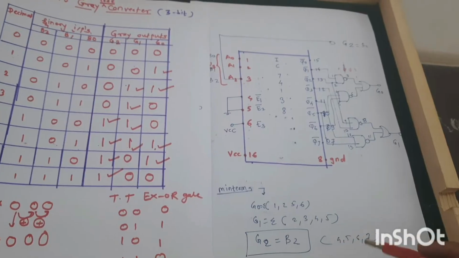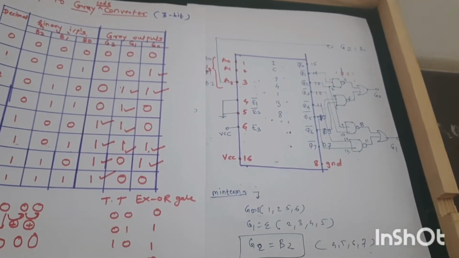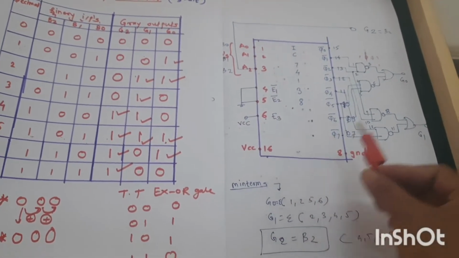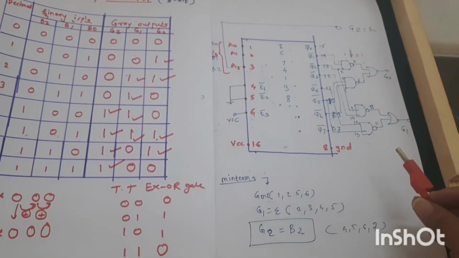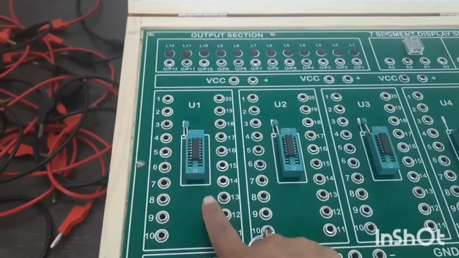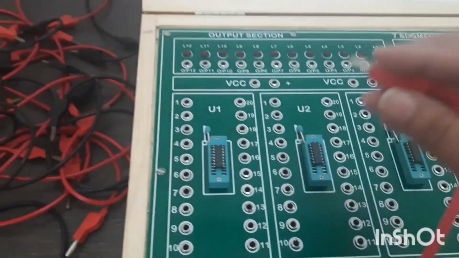So you can see the pin connections. Okay, so first we'll do the VCC and ground for the IC 74138, then the NAND gate IC, that is 7400, and the OR gate, that is 7432. So first do the VCC ground connections. So here this is the IC 74138, this is 7400, and this is 7432.